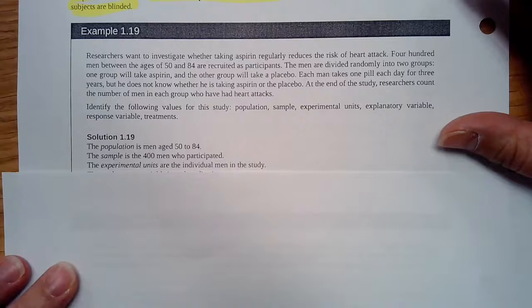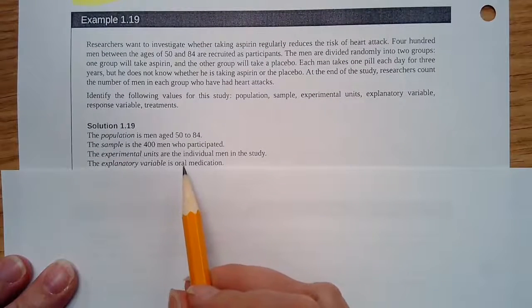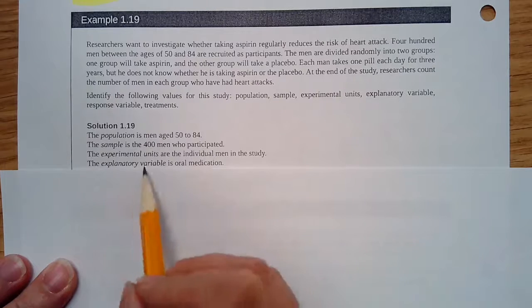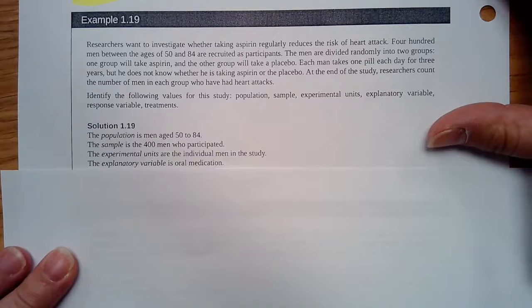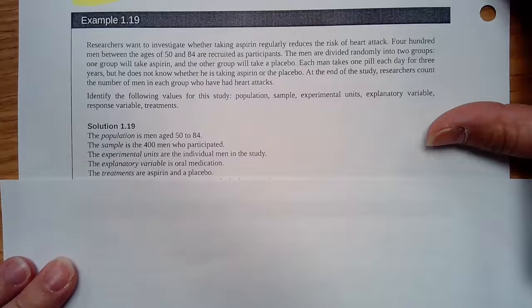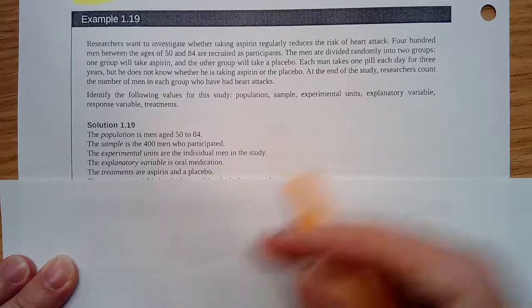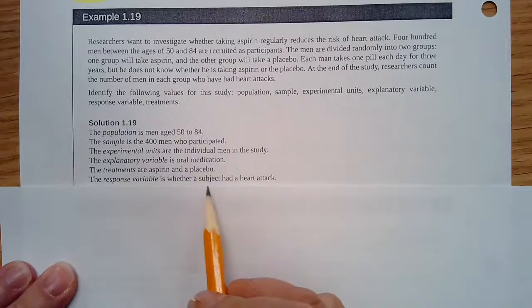The explanatory variable is the part that's being manipulated, the oral medication, the actual pill that they're taking. That's what we manipulate, that's what we change. And then the treatment is either going to be aspirin or a placebo. And our response variable is whether or not the subject had a heart attack.